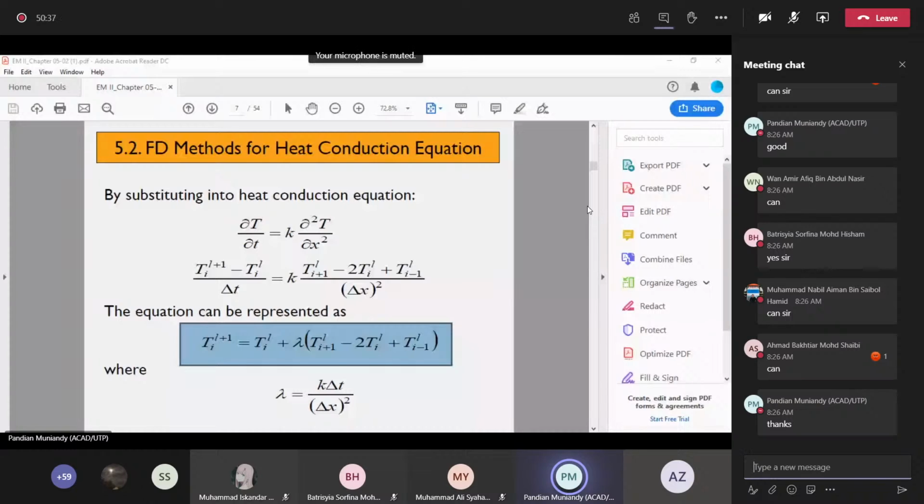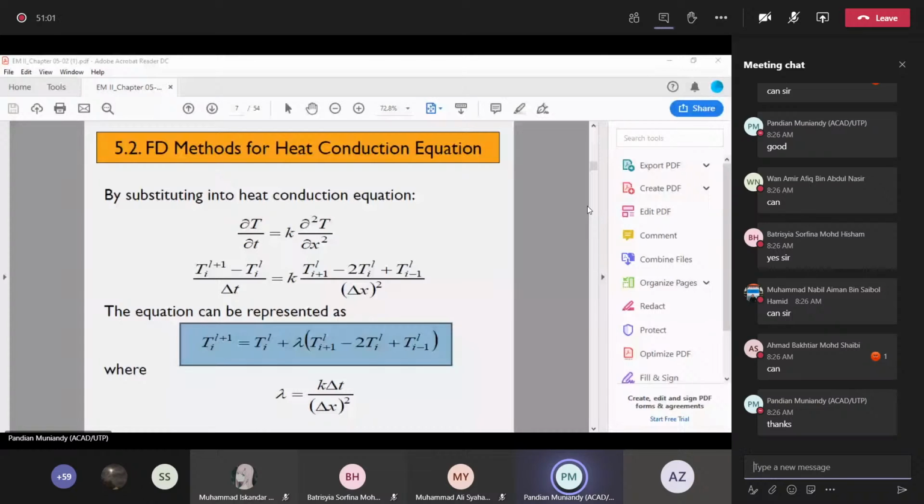What will be given is K 0.5, del T 0.75, del X 8.5, like that. So the lambda is not automatically given. You have to calculate. What will be given is K, del T, del X from the problem.